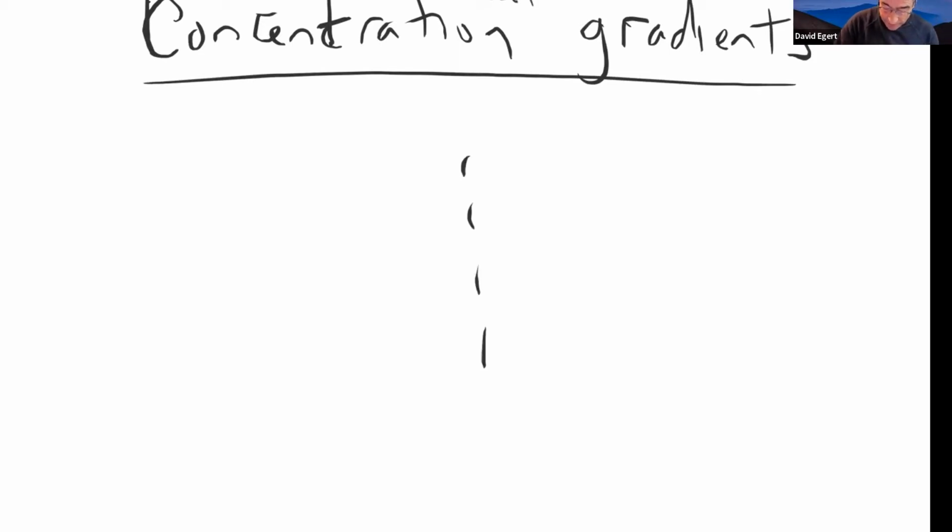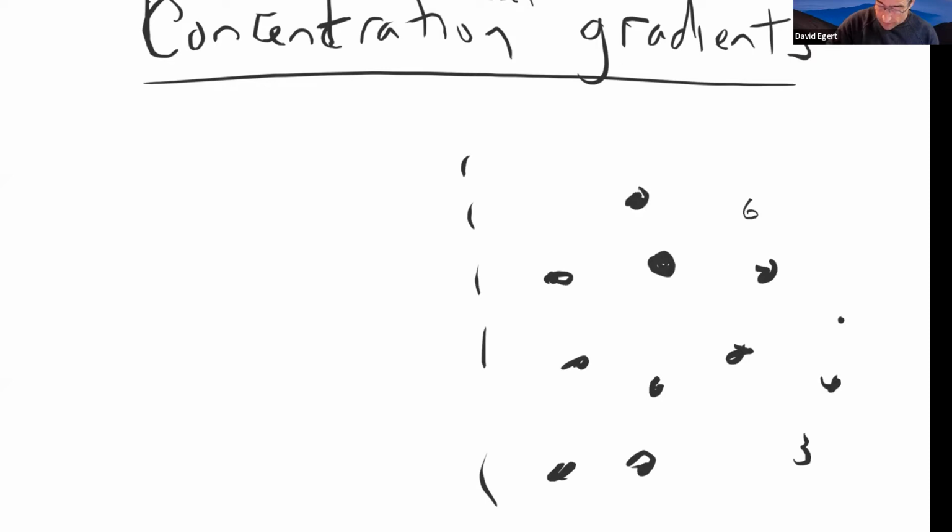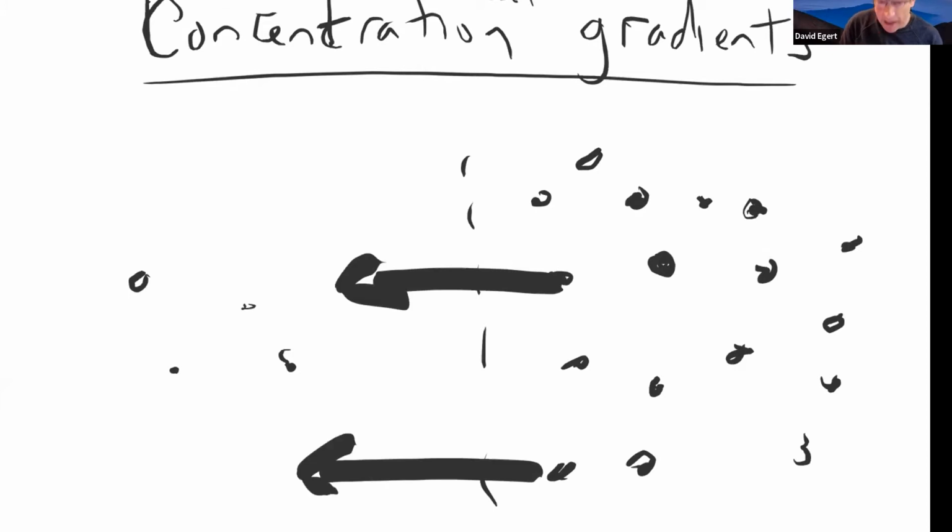If I have a whole bunch of stuff dissolved on this side and not that much dissolved on this side, what's going to happen? It's going to balance out. So there's going to be a net movement where things go from high to low concentration. What do we call that process? Osmosis or diffusion? This would be diffusion.